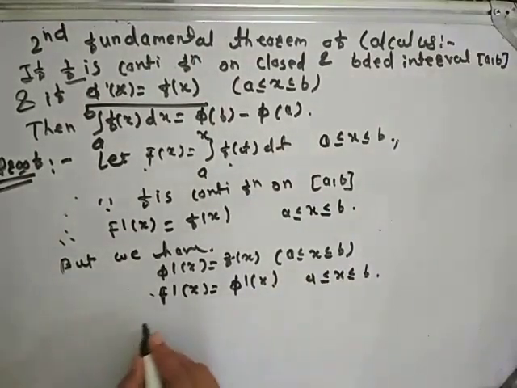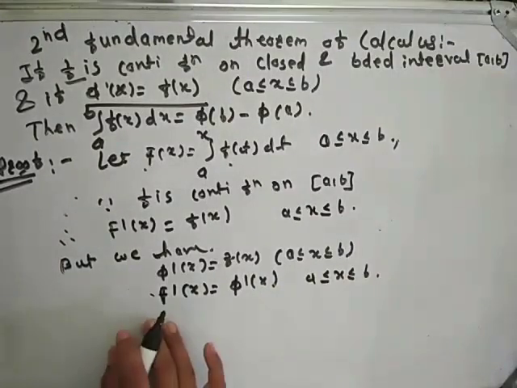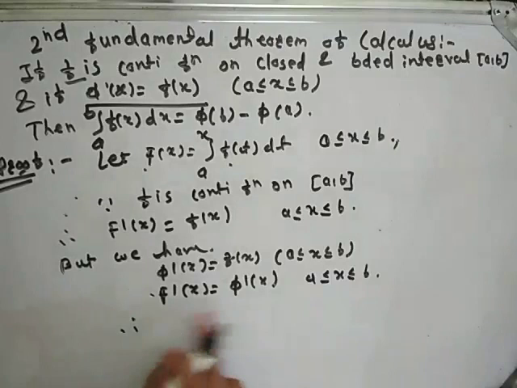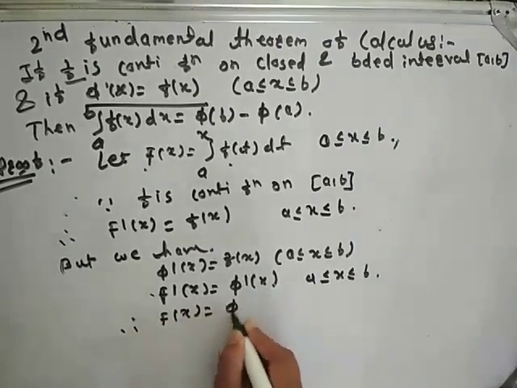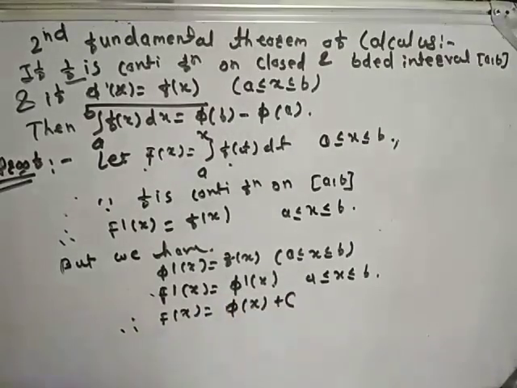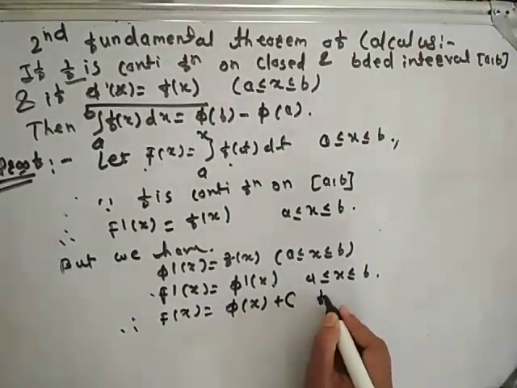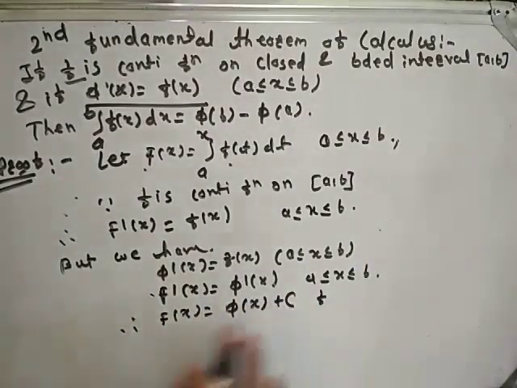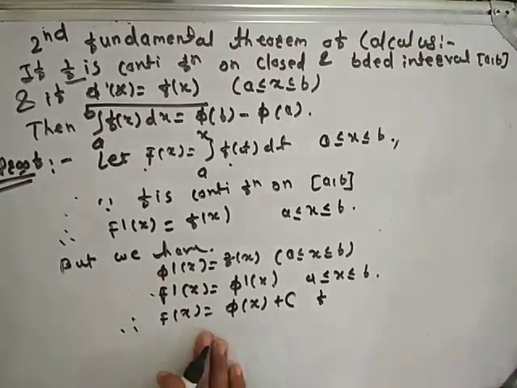Now, therefore take integration on both sides. We will get F of x is equal to phi of x plus c. Sorry, this is not by integration, this is by a previous theorem.